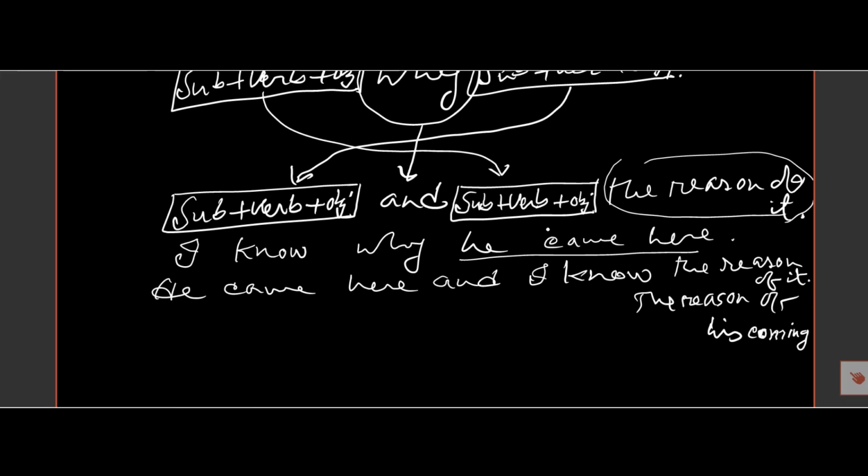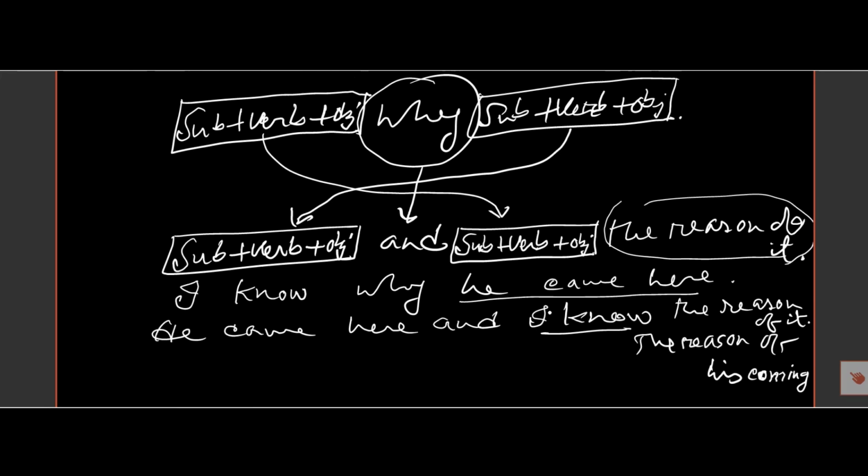So: I know why he came here. The compound sentence is: He came here, and I know the reason of it, or we can write here the reason of his coming. So this is the structure of complex to compound.